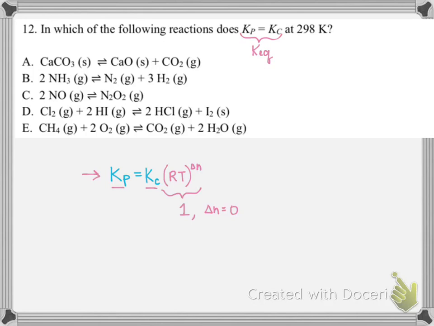It doesn't matter what the inside of that parenthesis is. If you put it to the power of 0, it'll just become 1. So we want to look for where delta N is equal to 0, and delta N is just going to be the moles of gas from the products minus the moles of gas in the reactants.